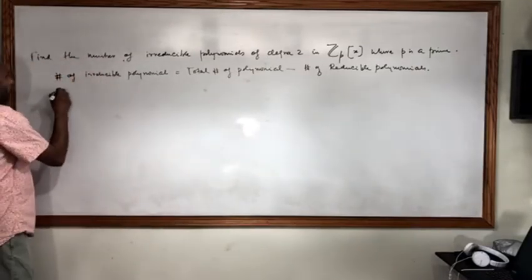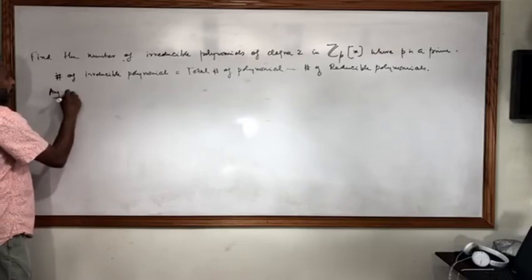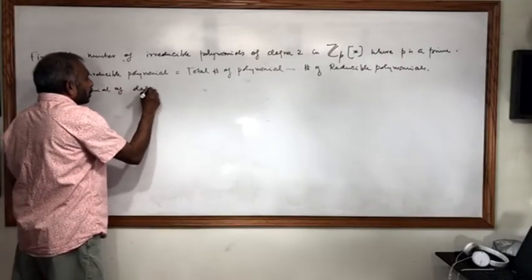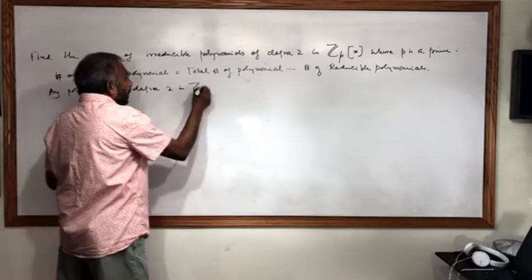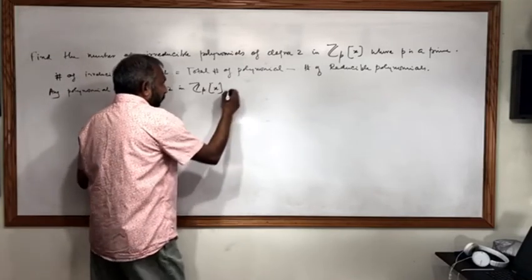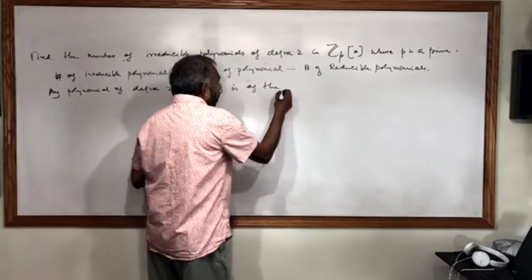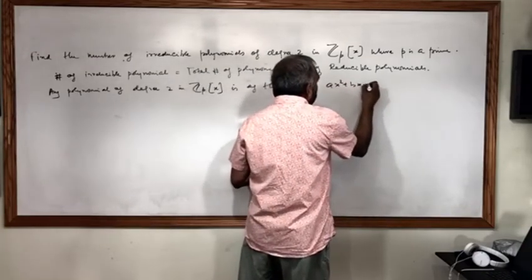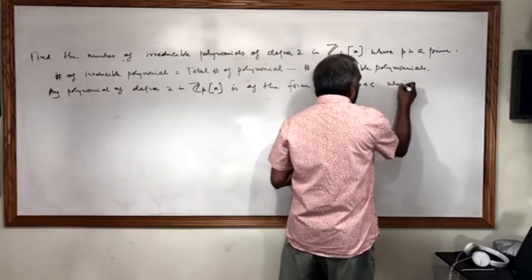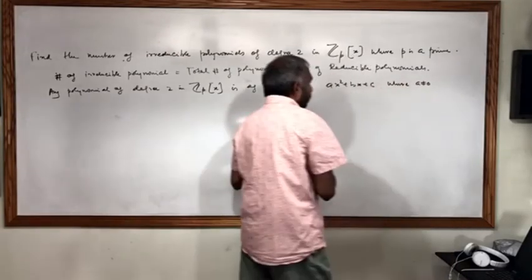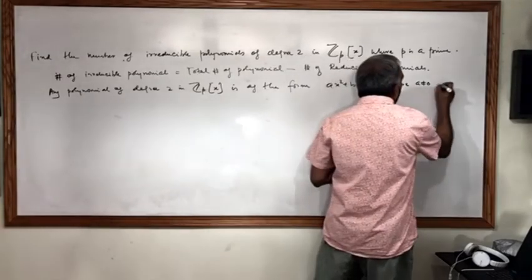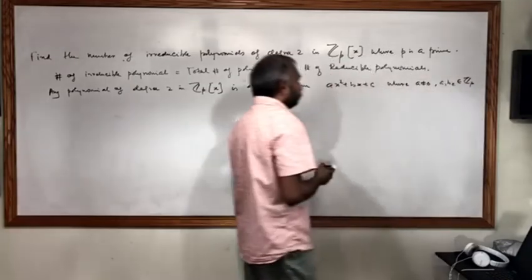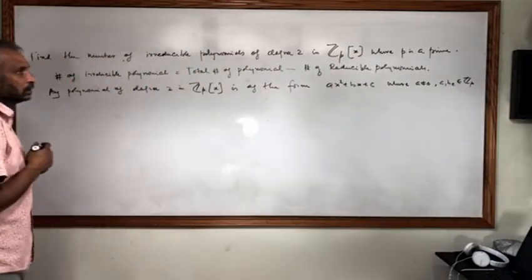So the total number of polynomials: any polynomial of degree 2 in Zp of x is of the form ax square plus bx plus c, where a is different from 0 and a, b, c belong to Zp. Right?